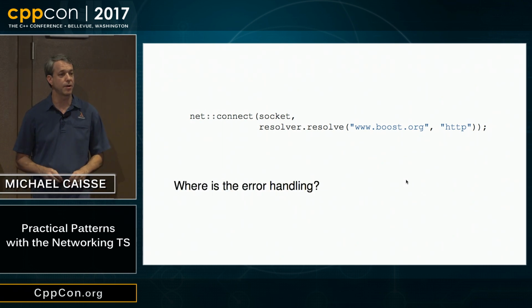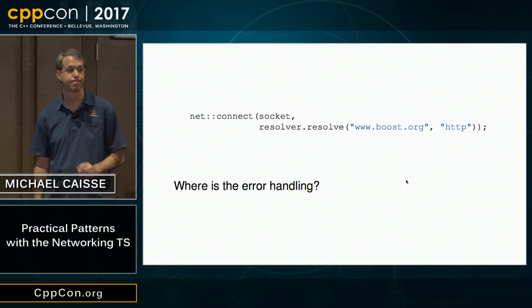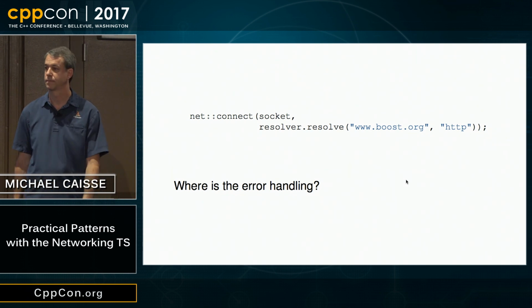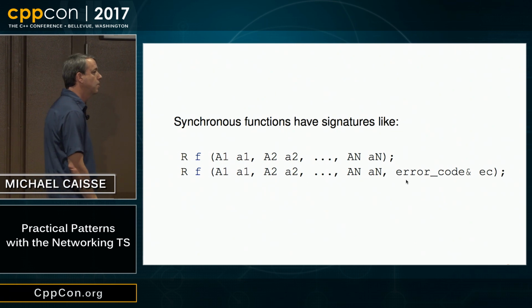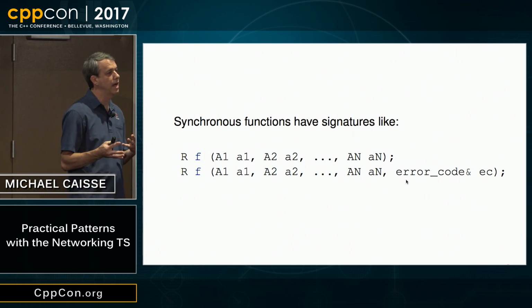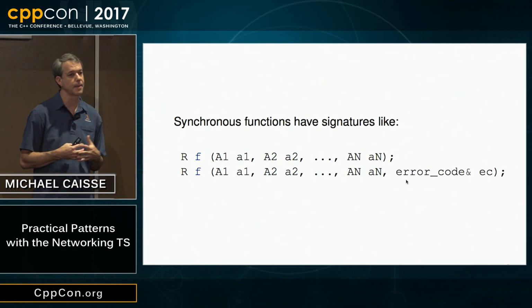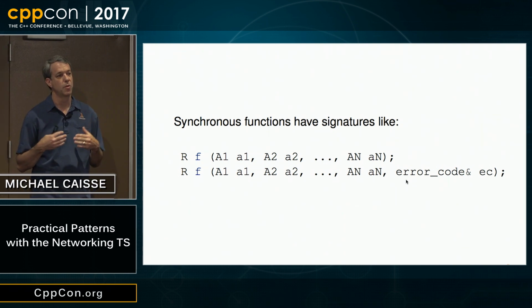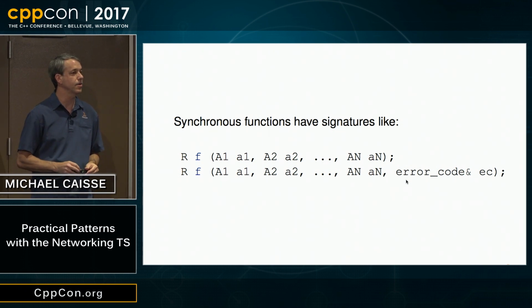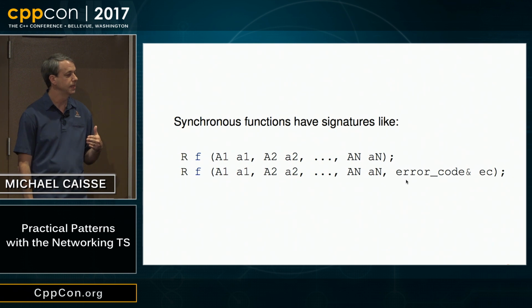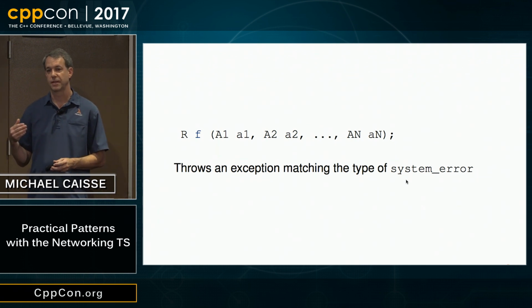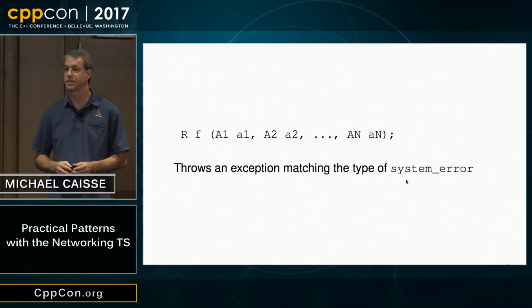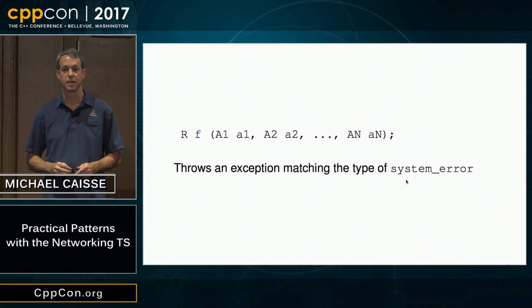So in this, where's the error handling? Yeah, it's an exception. So for the synchronous calls, we basically have two versions. We've got one that has this error code at the end. The other one is going to throw an exception, and the type is going to match the type of the system error that would have been generated.